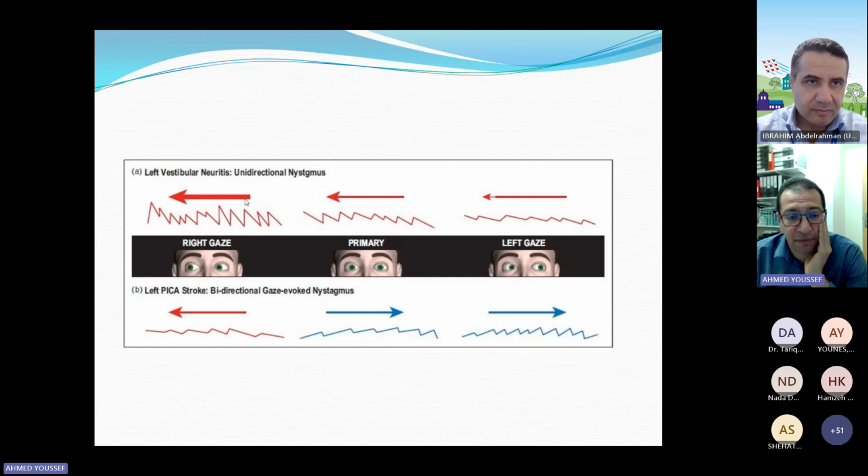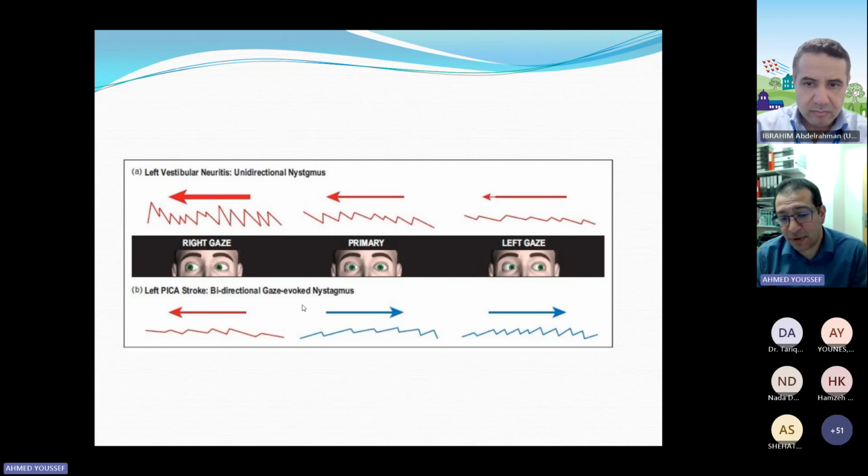So, for example, if a patient suffers from left vestibular neuronitis, they will have right beating nystagmus. Worse, as you can see, because these are the nystagmus tracings that will come up on the video nystagmography, when they look towards the fast phase, less when they look straight ahead, and even less looking to the slow phase.